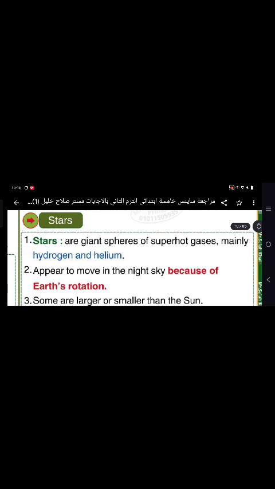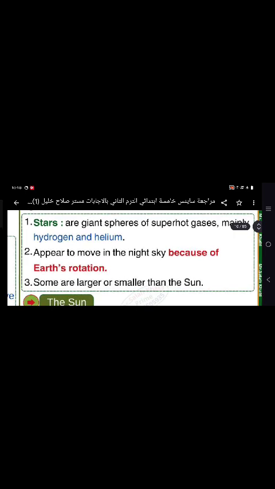Stars are giant spheres of super hot gases, mainly hydrogen and helium. They appear to move in the night sky because of the Earth's rotation. Some are larger or smaller than the sun.